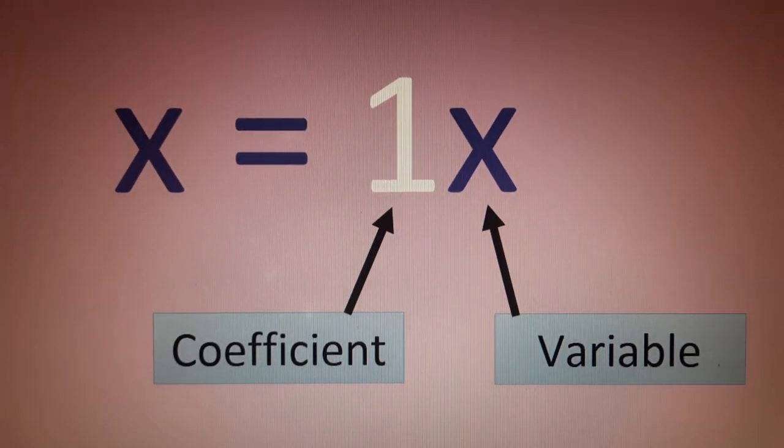So when you are given a variable like x, its coefficient cannot be seen, but you should know x means 1x, then its coefficient is 1 and variable is x. Coefficient is 1, not 0. It is very important that coefficient is 1, not 0.